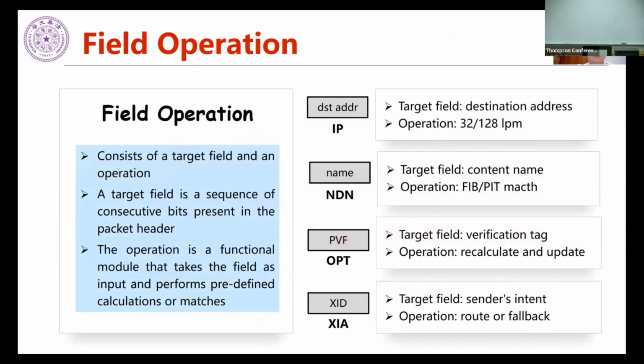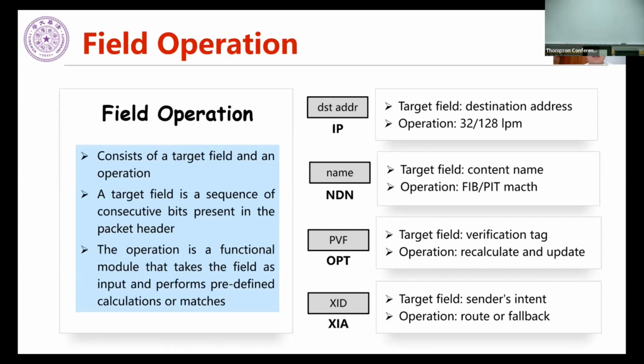To this end, we abstract a new L3 function primitive, named field operation. Each field operation consists of two elements, a target field and an operation to be applied on the corresponding target field. In particular, a target field is a sequence of consecutive bits present in the packet header, with specific meaning. The operation is a functional module that takes the field as input and performs predefined calculations or matches.